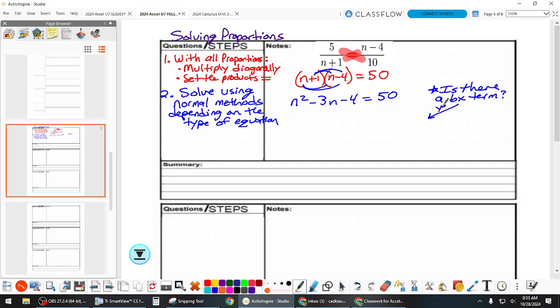And then if it's yes, we're going to factor or use the quadratic formula. If it's no, you're going to square root.